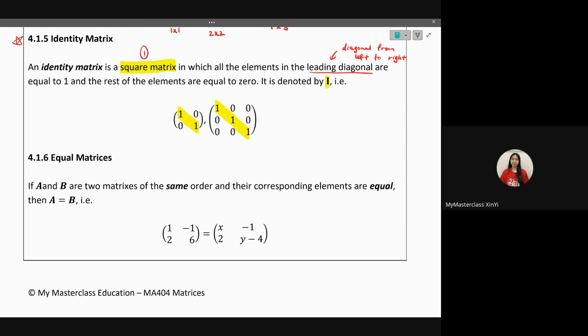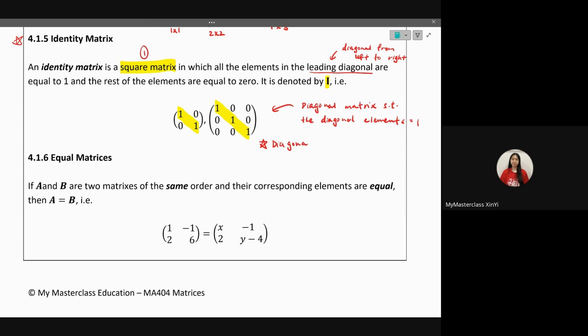There's also another term which we call the diagonal matrix. This can also be considered as a diagonal matrix where the diagonal elements equal 1. A diagonal matrix is defined as a square matrix also.